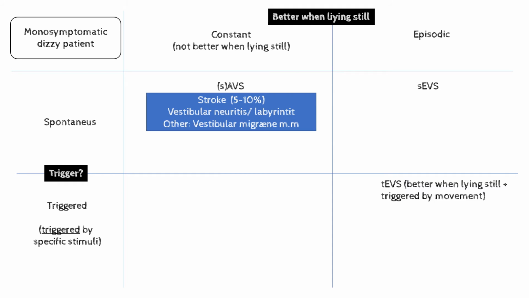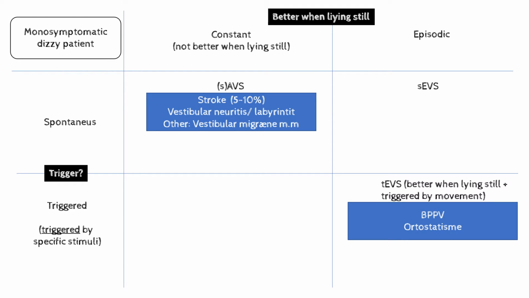So, for instance, with the AVS, 5 or 10% of these patients might have stroke. The rest will usually have vestibular neuritis or a vestibular migraine or something like that. With the tEVS, where the dizziness is triggered by a specific trigger, most often movement, they will usually have BPPV or sometimes orthostatism.